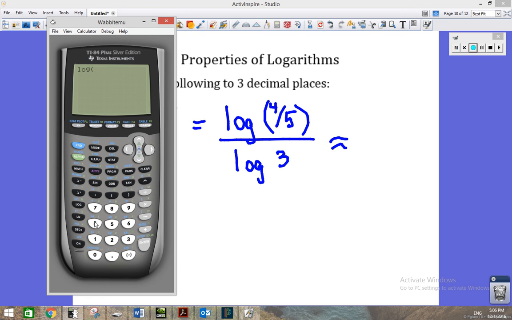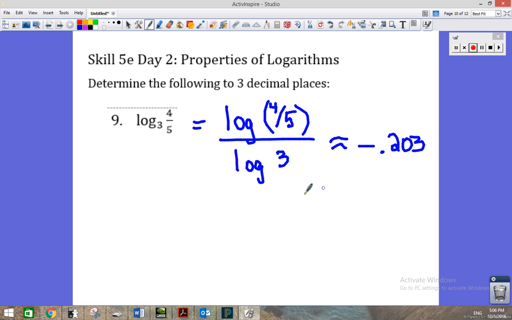I have the log of 4/5. That number is less than 1, so that's going to be a negative number. See, negative 0.097. And when I divide that by the log of 3, I get negative 0.203.